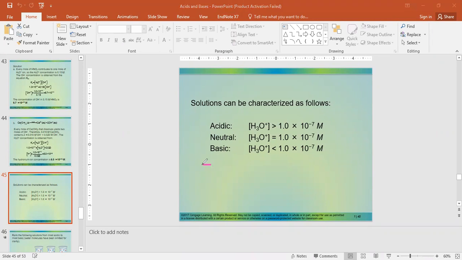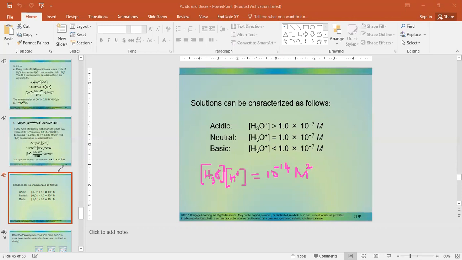We have H3O plus times OH minus, and we know that this product is 10 to the power minus 14 molar squared at 25 degrees Celsius.